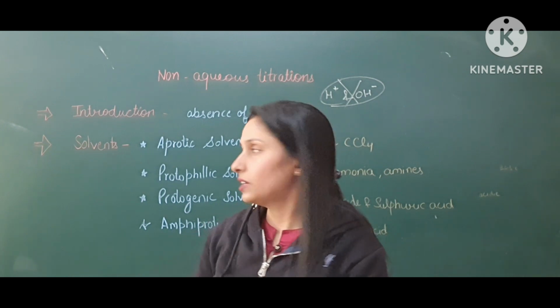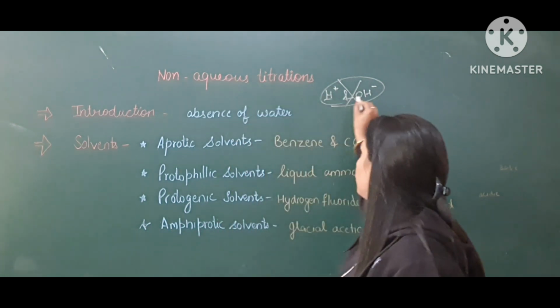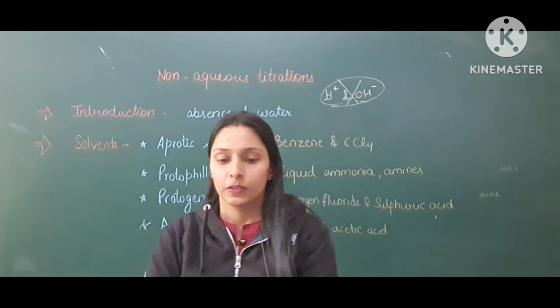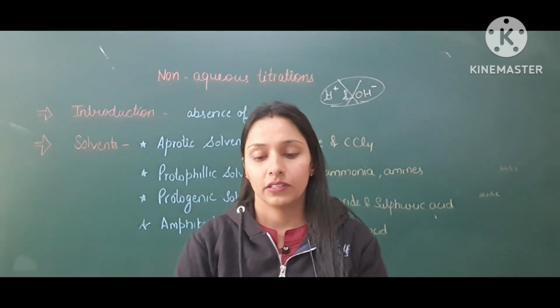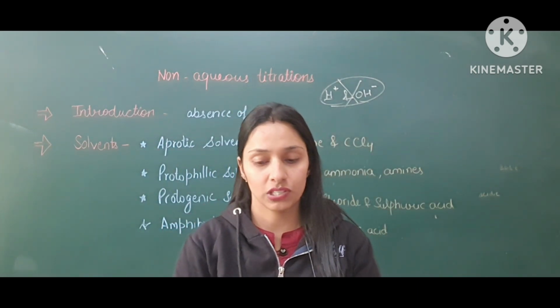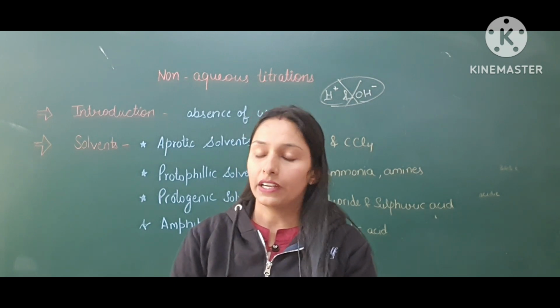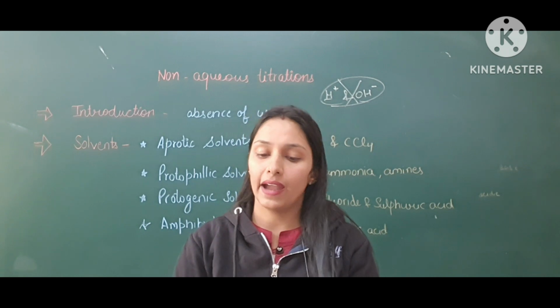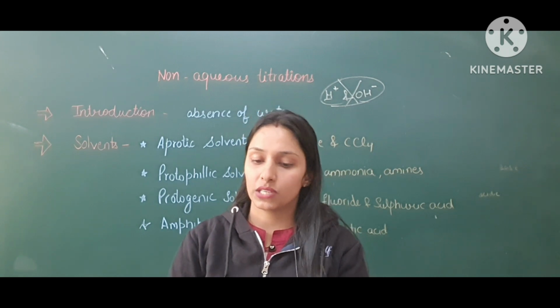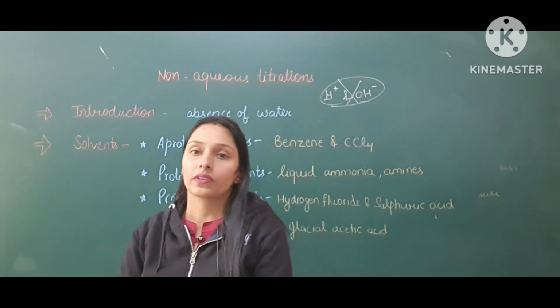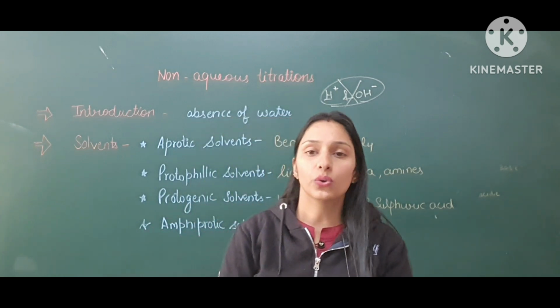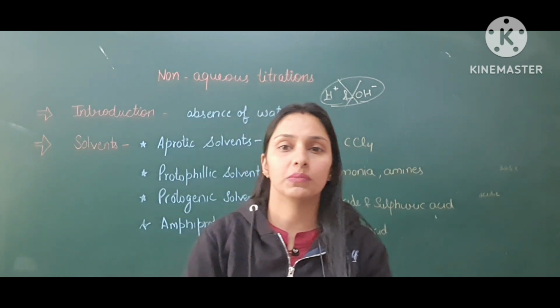Water gets dissociated into ions, which are H positive and OH negative. These are protons, meaning H positive, and the conjugate base, that is OH negative. Titration of weakly acidic and weakly basic substances does not give a good endpoint in the aqueous medium.